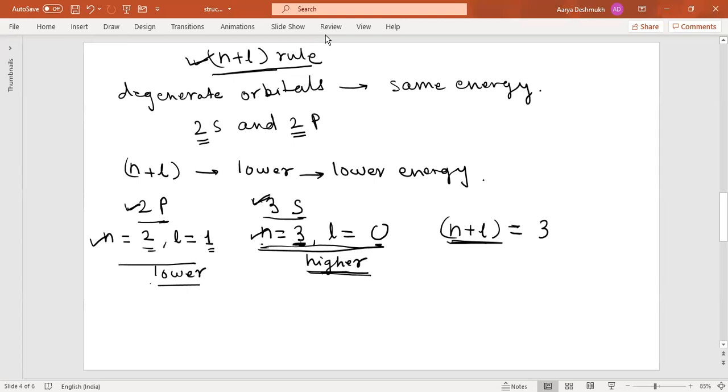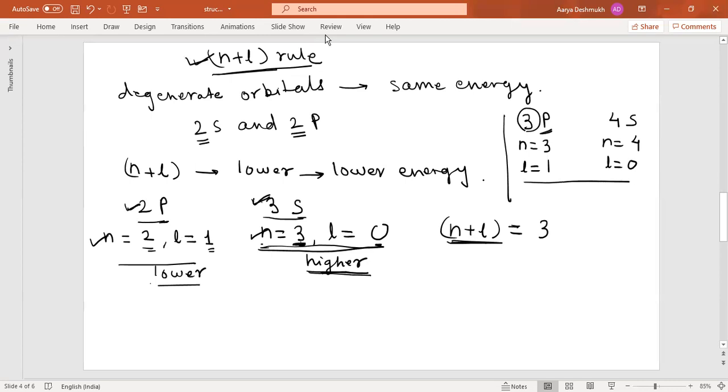I'll quote one more example here, like 3p and 4s. Now you'll be easily able to find the values for n. n will be equal to 3, and since this is a p orbital, L will be equal to 1. For this 4s, n will be equal to 4 and L will be equal to 0.